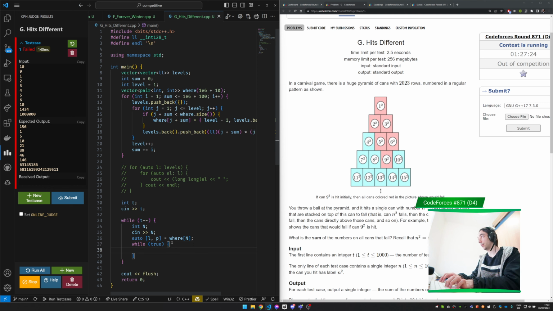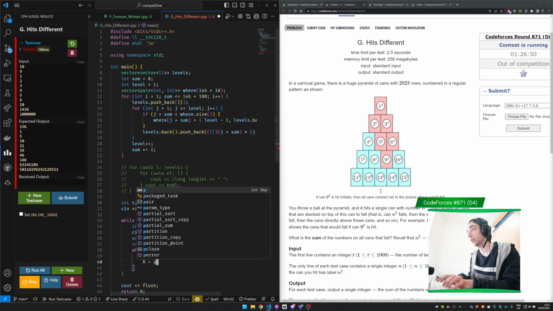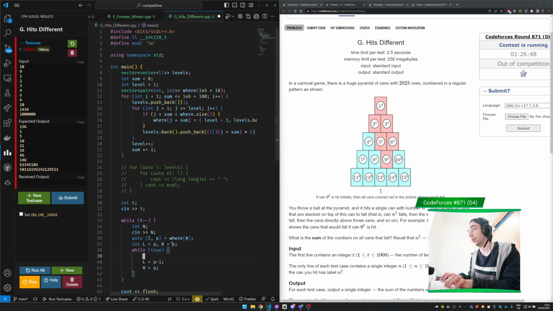I will say, okay, the position seems to be... I'll say like this: the left position is now P and the right position is P. The left position will be P minus 1, the right position will be P. And now we want the sum.